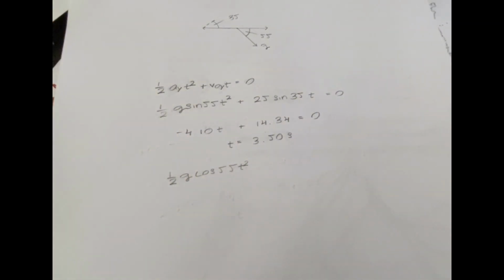You'll notice that I'm using cosine now because that represents the horizontal component of the acceleration, and I'll also do the same for the initial velocity.